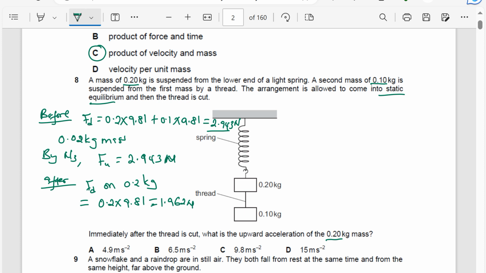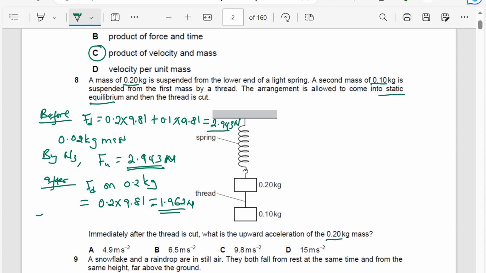Initially the force upwards on the 0.2 kilogram mass before cutting the thread was given by this. But after, when the thread is cut, the force downwards on the 0.2 kilogram mass is only going to be 1.962 newtons.